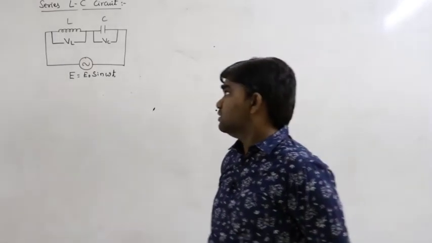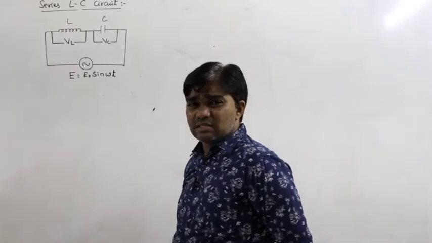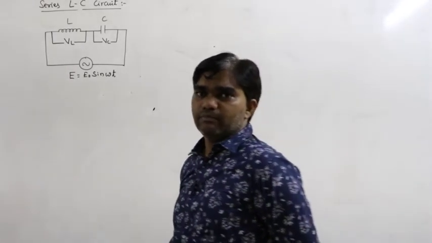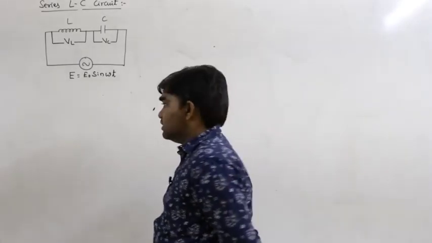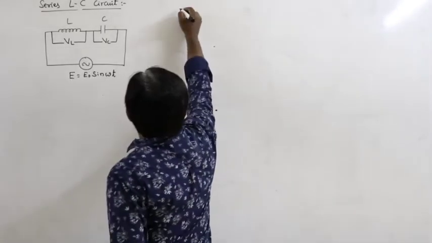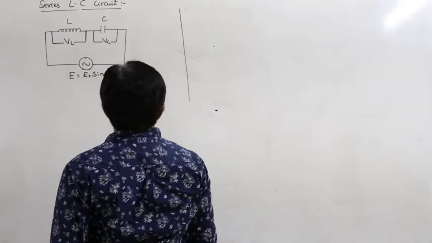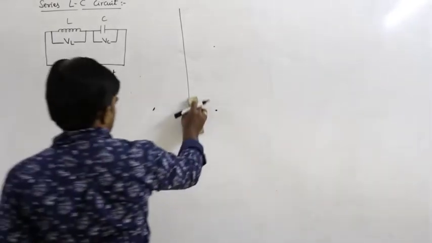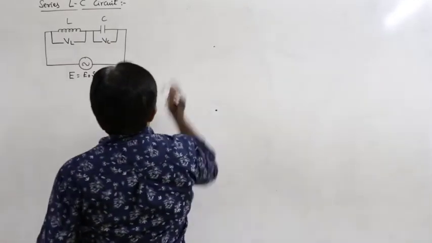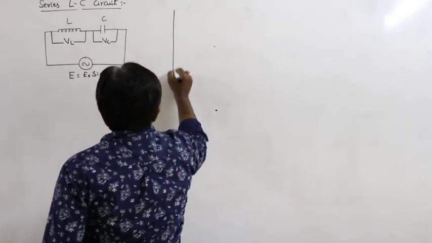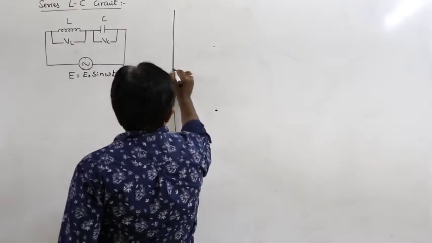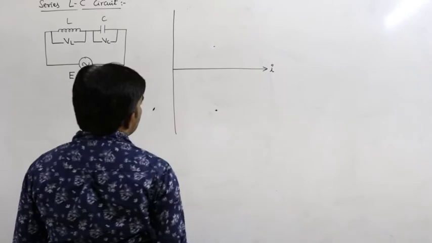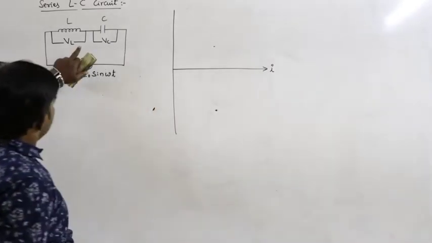Then what happens? To analyze this circuit, what do we have to draw first? Simply the phasor diagram. We must draw the phasor diagram. See the phasor diagram here. This is the current. And what are the circuit elements here?